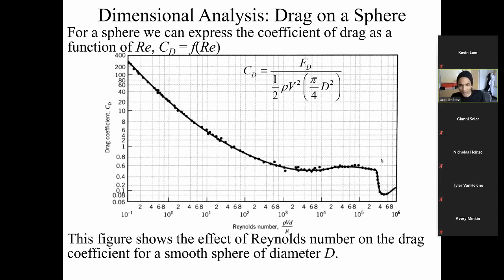So not a trick question, but what is happening here, Joshua Mayer? What is happening in this region right here, where the Reynolds number is somewhere like, I don't know, 4 times 10 to the 5 or 3 times 10 to the 5? What is happening there that we suddenly get that drop in coefficient of drag? Do you remember, Joshua?